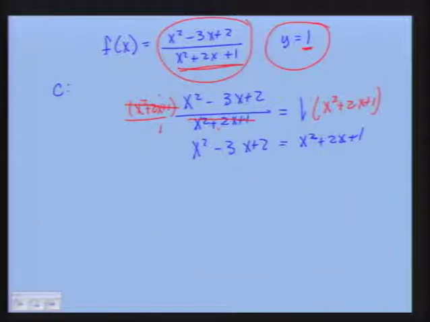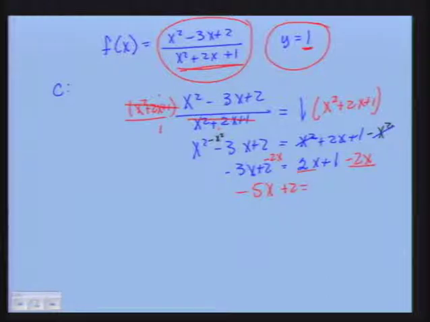So let's subtract x squared now from both sides. And our x squares add out over here, and we have minus 3x plus 2. Well, guess what? They add out over here too, and I have 2x plus 1. So I'm down to a linear equation where I would like to have all the x's on one side. So we'll subtract 2x from both sides and get minus 5x plus 2 equals.